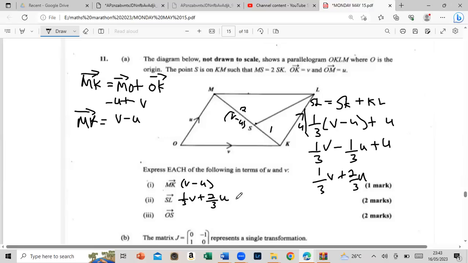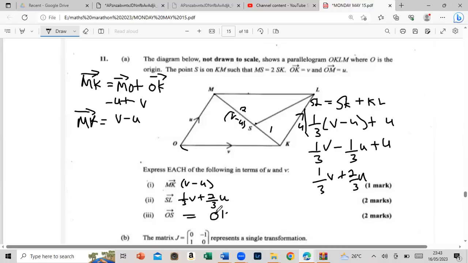And then they ask us to go from O to S. So we are here. Since I know this little piece here already, I'm going to take this root. I'm going to go from O to K. Since I know it already, I think that will be the easiest one.